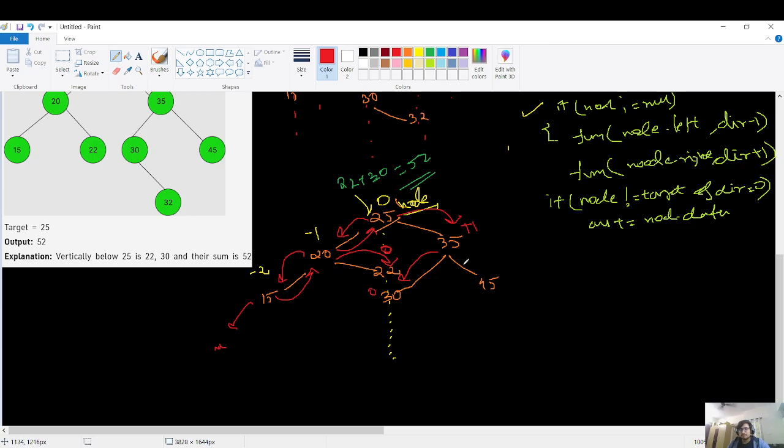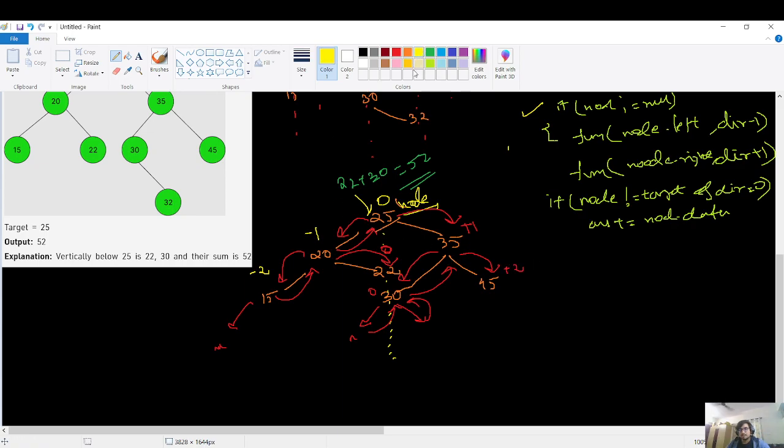Similarly, the left call is null, so it will backtrack, and the right call is also null, so it will again backtrack and go to the parent call of 35. Since the left is always computed, the right will be computed as direction +1. The direction was +1 for this node 35, so it will be +2, right?